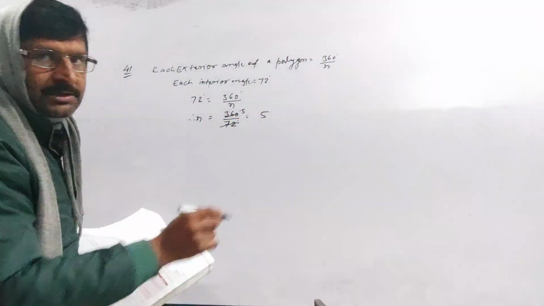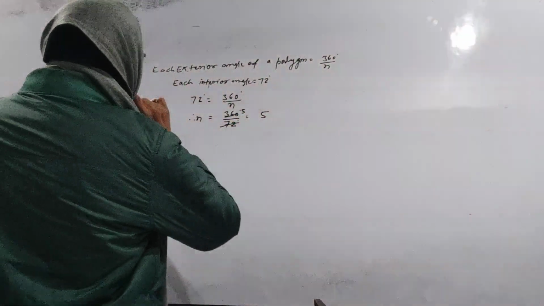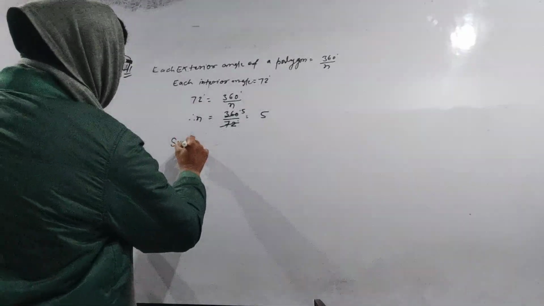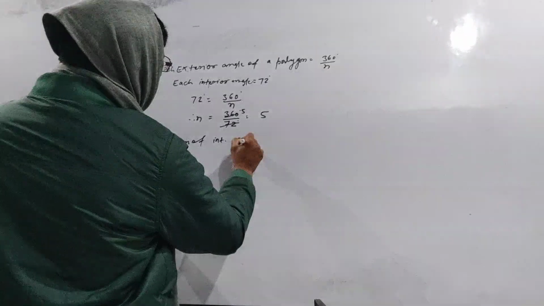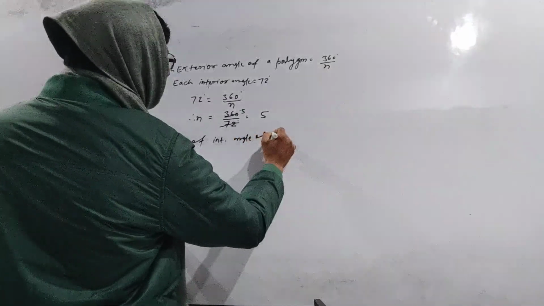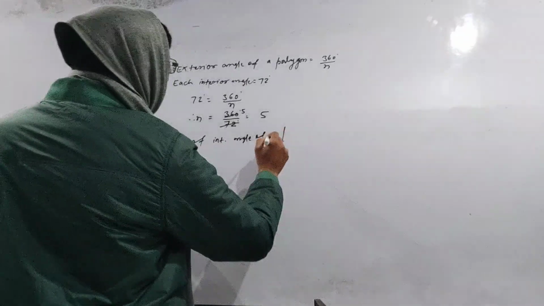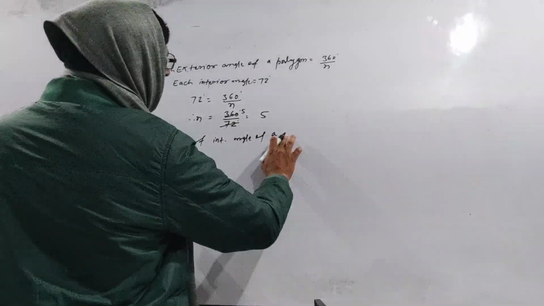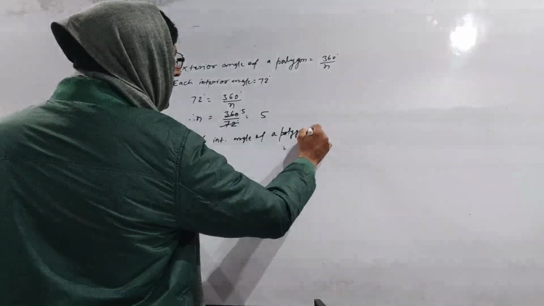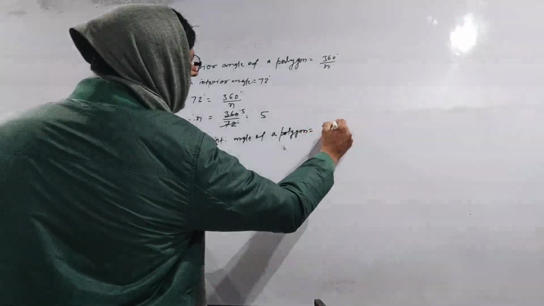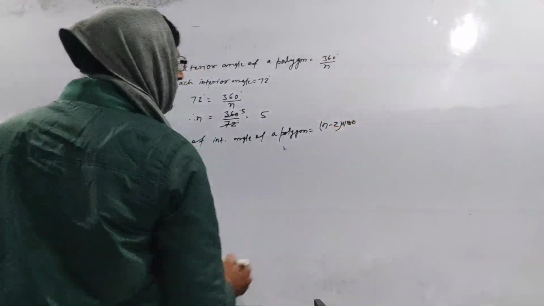We have to find the sum of the interior angles of a pentagon. The sum of the interior angles of a polygon is equal to n minus 2 into 180.